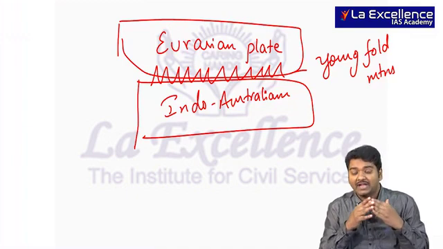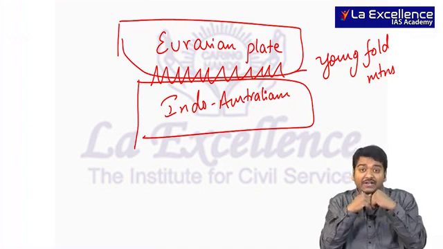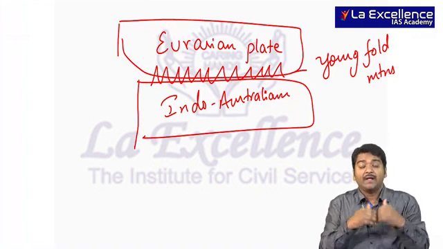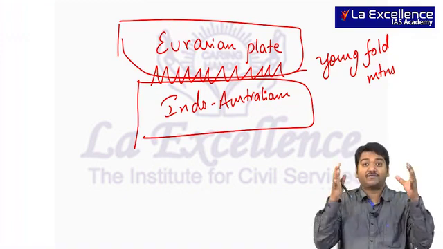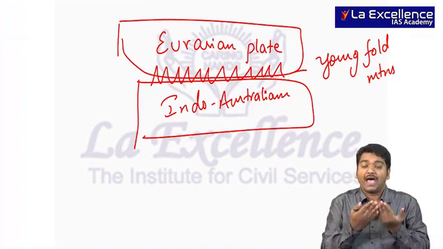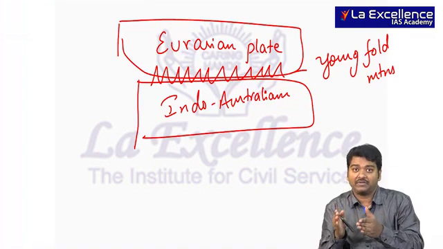The Nepal earthquake actually happened because the Indo-Australian plate has pressurized the Eurasian plate for a longer period of time. The big rocks broke because of this pressure, and that led to the earthquake in Nepal. This is what we call earthquake waves.